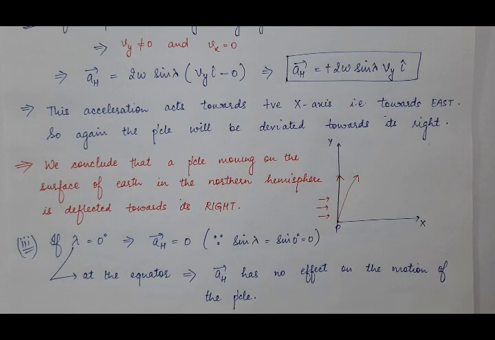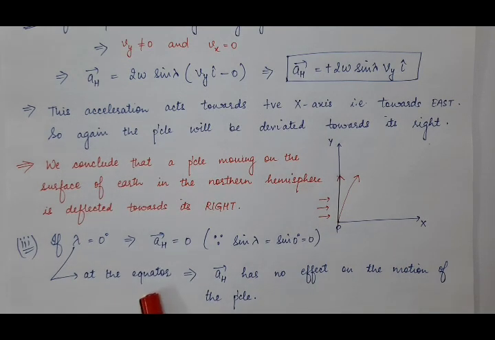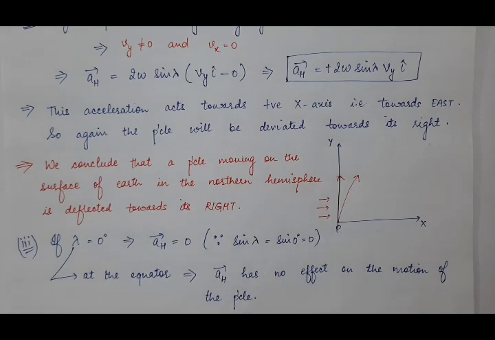So at the equator, there is no Coriolis force acting on a particle in motion, and it will have no effect on the motion of the particle. If the particle is moving in a straight line path, it will continue to move in that straight line path because no Coriolis force acts to deviate it.